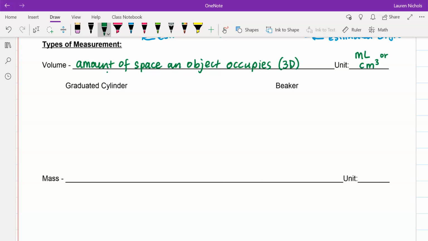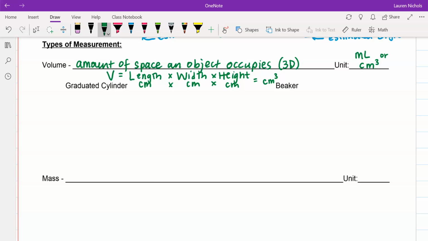So for example, the most common one for volume is of a rectangle. So your volume would be your length times your width times your height. And if you're using centimeters to measure all three, you would have centimeters times centimeters times centimeters, and your answer would give you centimeters cubed.